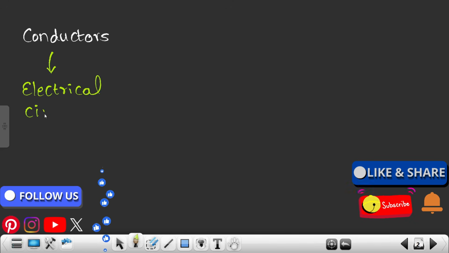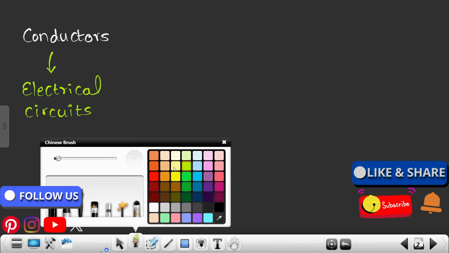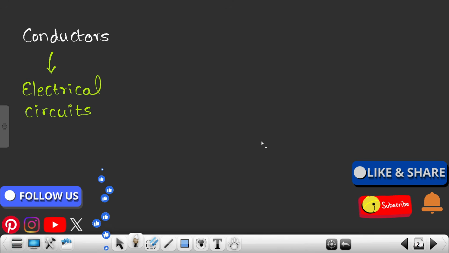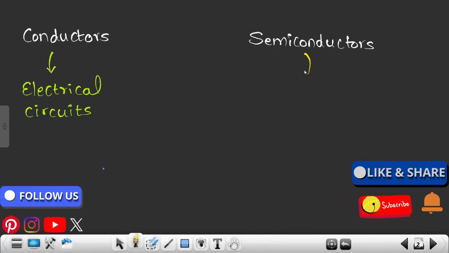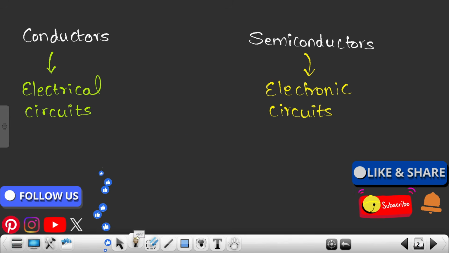But when I talk about semiconductors, that means I'm dealing with electronic circuits. I know now most of the students will say that it sounds a little similar.